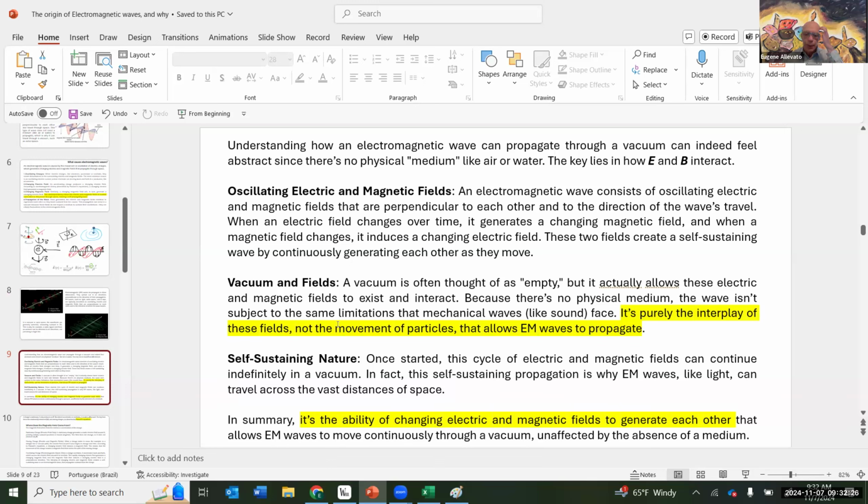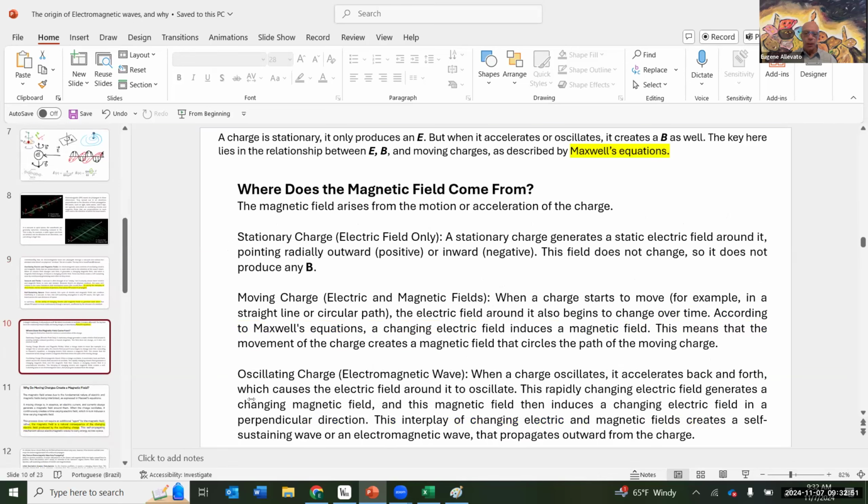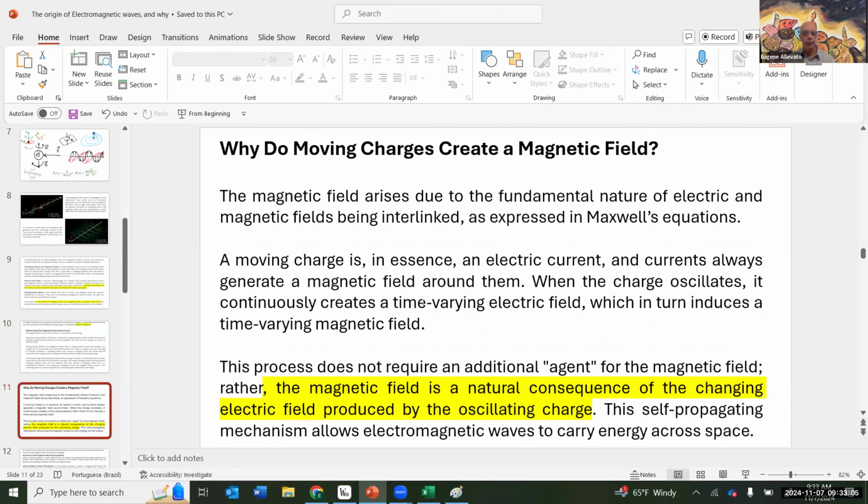Again, it is this ability of the electric field and the magnetic field to generate each other. So they propagate through co-generation, the electric field and the magnetic field. So where does the magnetic field come from? It's basically the moving charge that generates the magnetic field in a form that is oscillating.